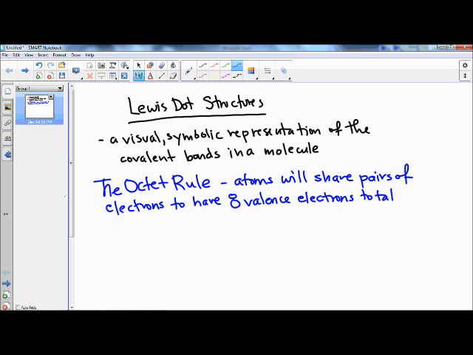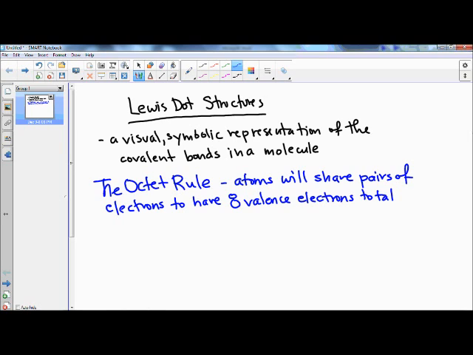Remember, the noble gases have 8 valence electrons. So again, they're doing whatever is required to get to the lowest energy state, which is the most stable state possible. Now, there are some general rules for writing Lewis dot structures.